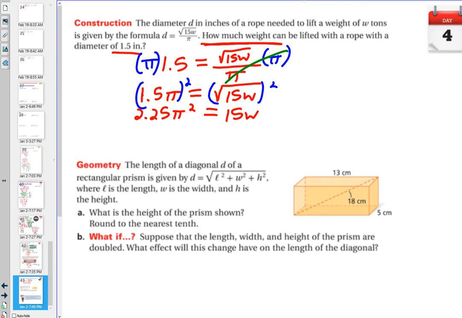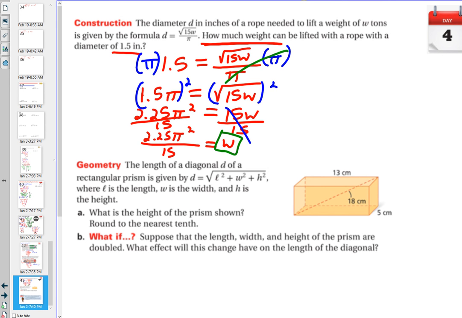And then that is the last step, divide by 15. What were we looking for? What are we solving for? We're solving for a weight. And if somebody asks you how much something weighs, you're not going to say it weighs 2.25 pi squared over 15 tons. It makes sense. But at the very least, what I've done is now isolate.